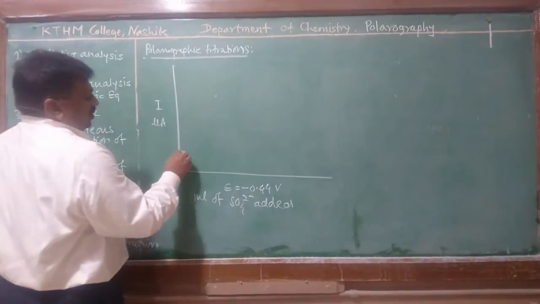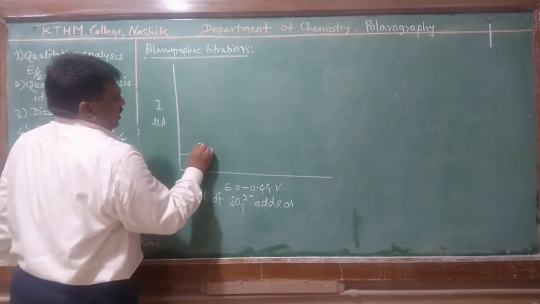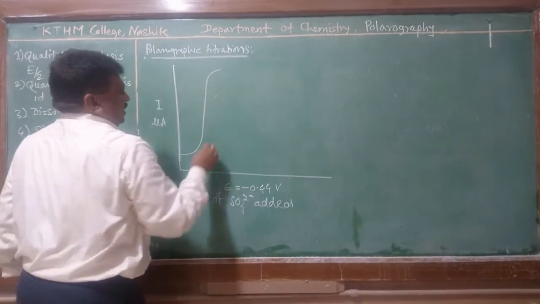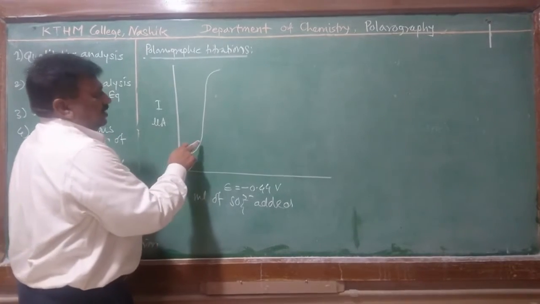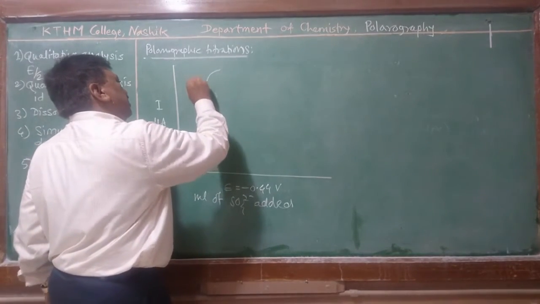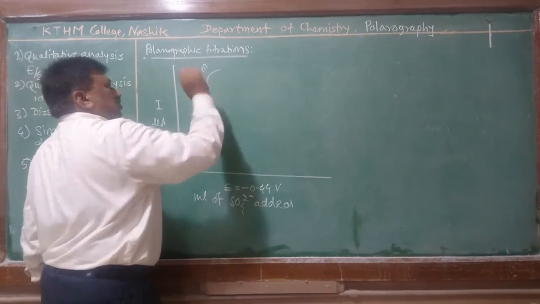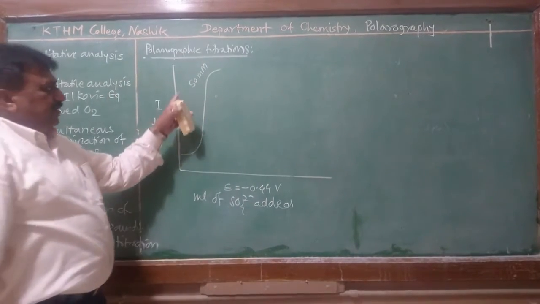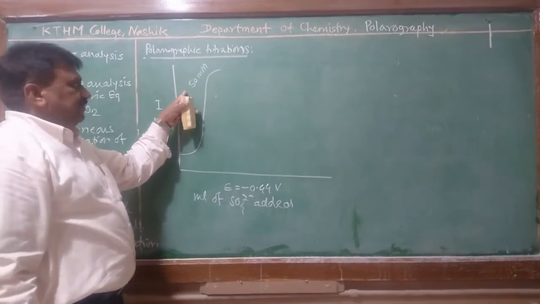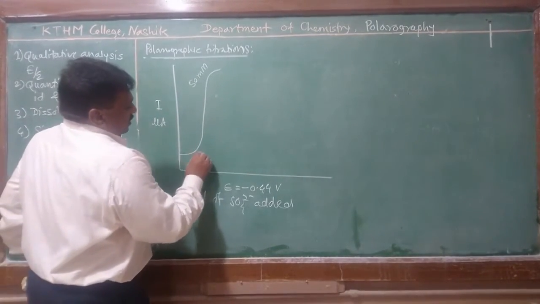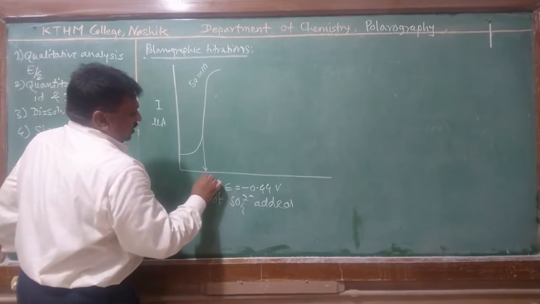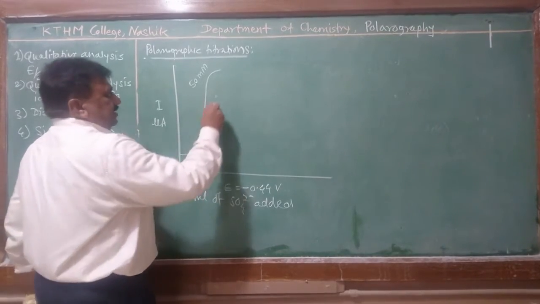Now we have the first polarographic wave in this fashion. This wave is for a solution containing 50 ml, 50 millimole of lead, when 0 ml sulfate is added.